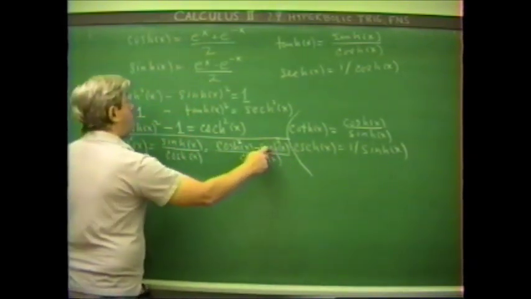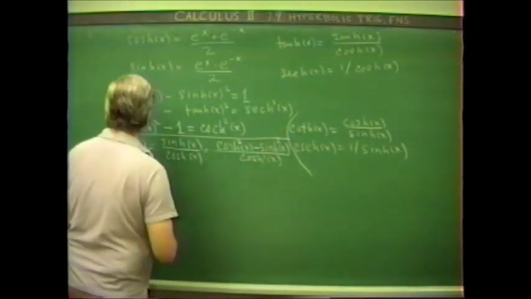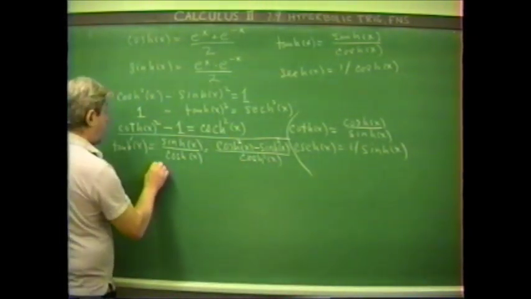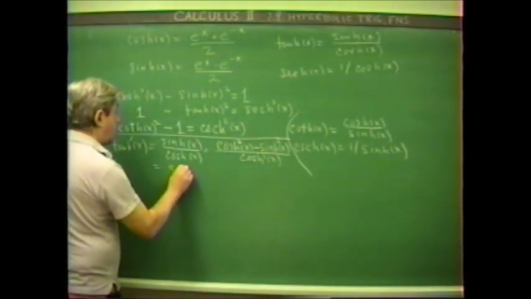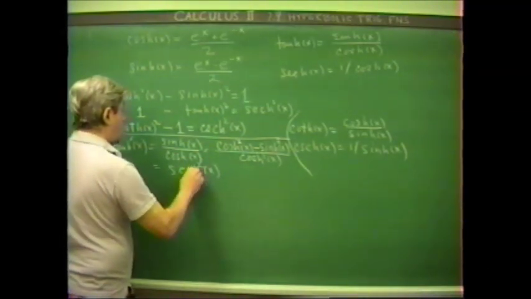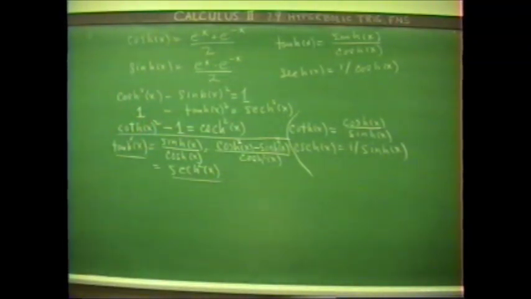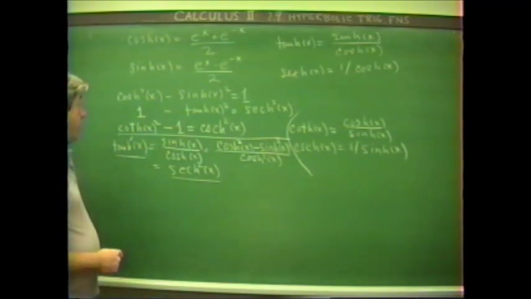Now, hyperbolic cosine squared minus hyperbolic sine squared is 1, so this is 1 over hyperbolic cosine squared, so the derivative of the hyperbolic tangent is the hyperbolic secant squared. So it's exactly similar to the situation with the original trig functions here.